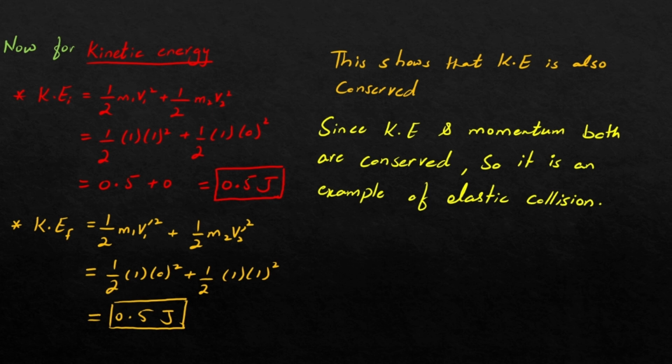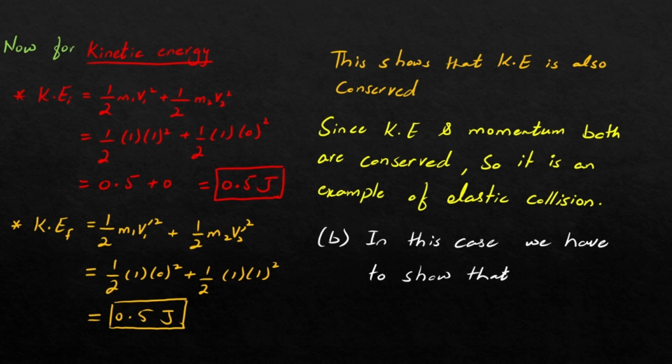Now we solve part B. In this part, we show that the collision is inelastic. So momentum is conserved, but kinetic energy is not conserved in this case.